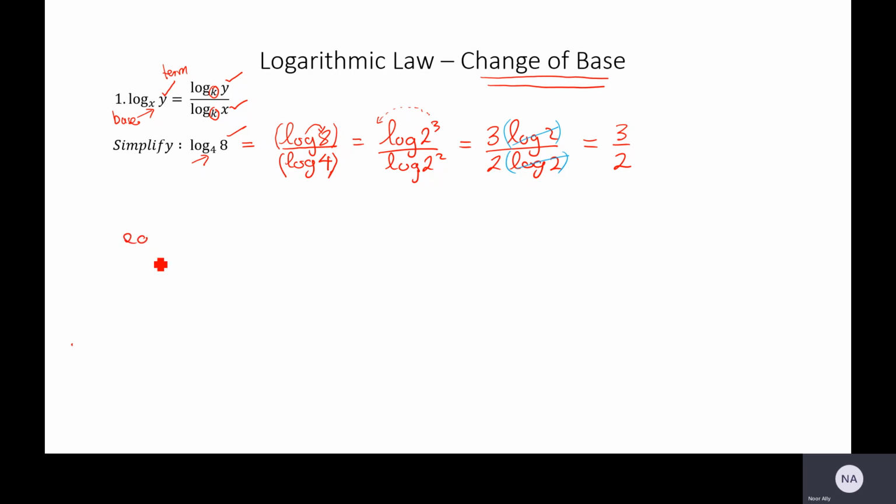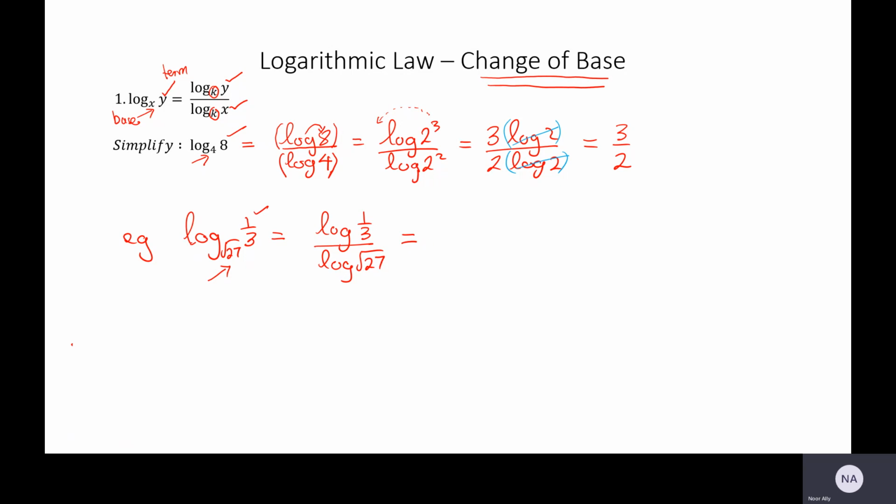Let's just do another one. Take, for example, the log, it could be linear as well, the log of 1/3 to the base 27. That's the term, that's the base. So the numerator will be the log of 1/3. The denominator will be the log of the square root of 27.